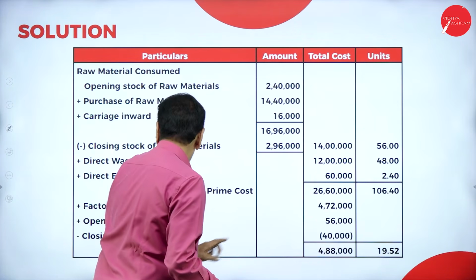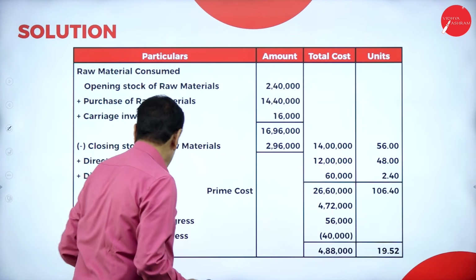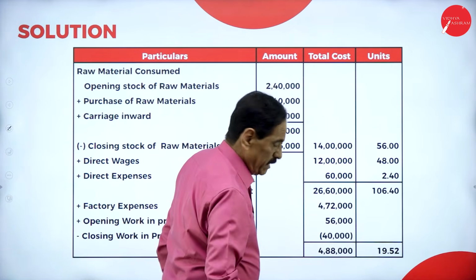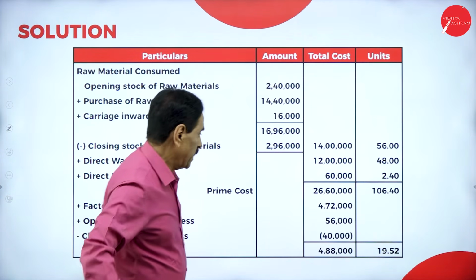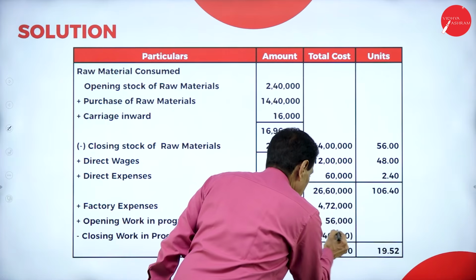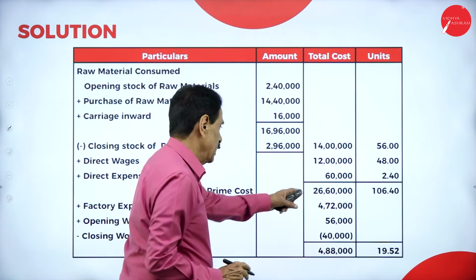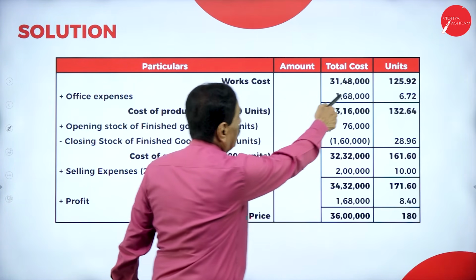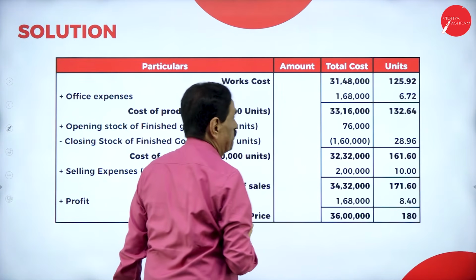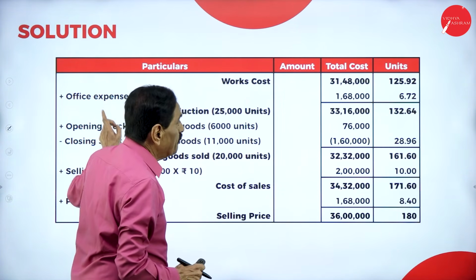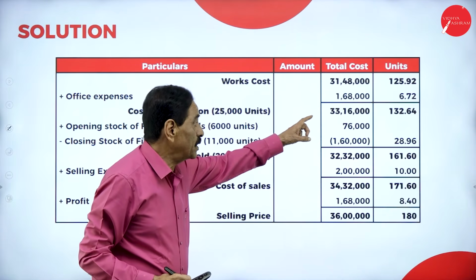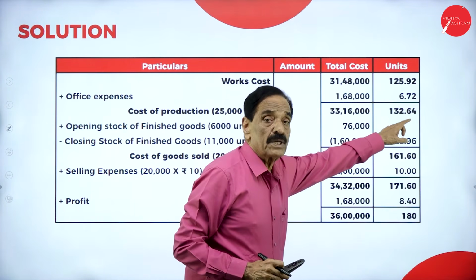Add factory expenses, add opening work in progress minus closing work in progress. If we add these three, it becomes 4 lakh 88,000. Add to this, 31 lakh 48,000, 125.92. Add office expenses 1 lakh 68,000, 6.72.